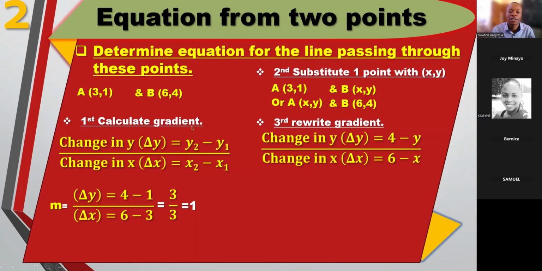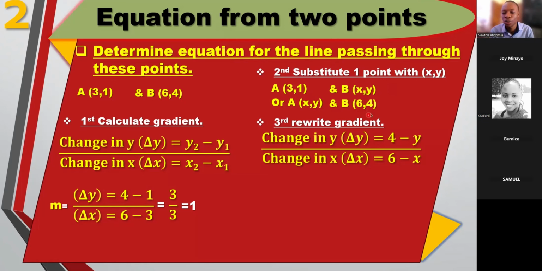Yes. All right, good. So the next thing you do is rearrange as if you are just calculating the gradient in a straightforward manner, but instead of using the values 1 and 3, or 4 and 6, we are going to use the coordinates for point B, that is 6 and 4, and x and y.